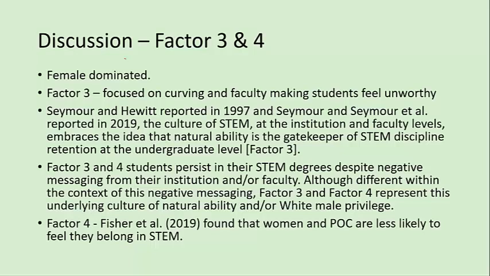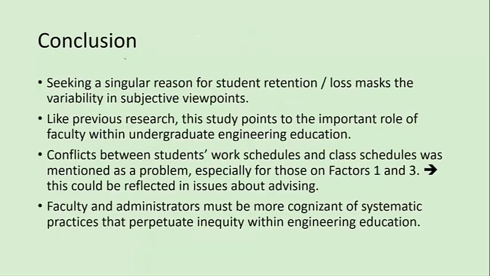And of course, there have been a number of studies, not just Fisher et al., 2019, showing that women and people of color often feel like they don't belong in STEM, that they have imposter syndrome. So if we look for a singular reason for students to either persist or leave, then we lose these nuances, right?